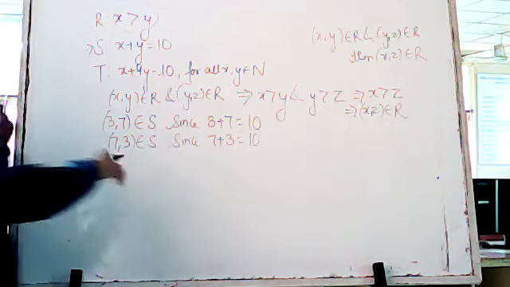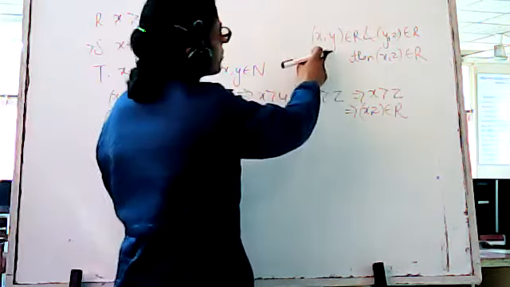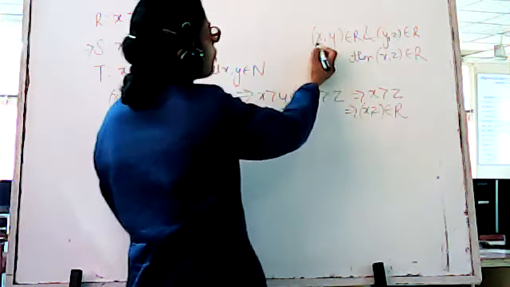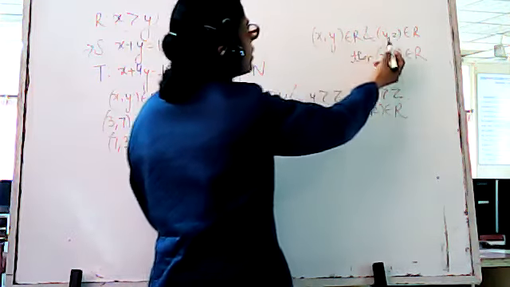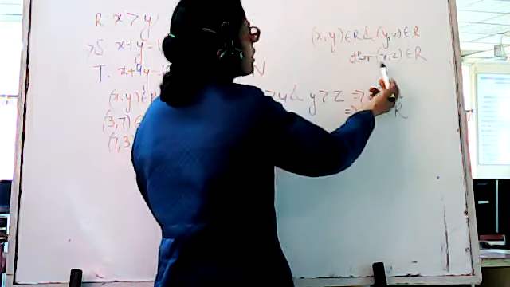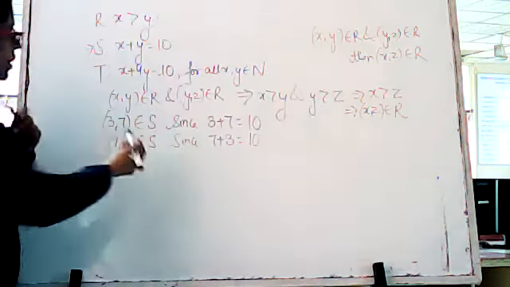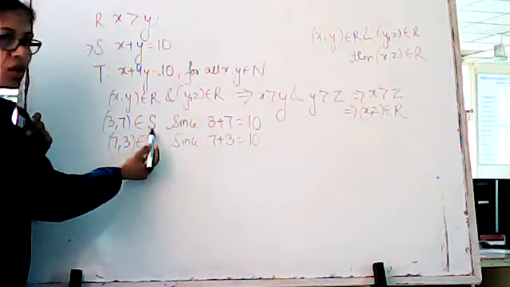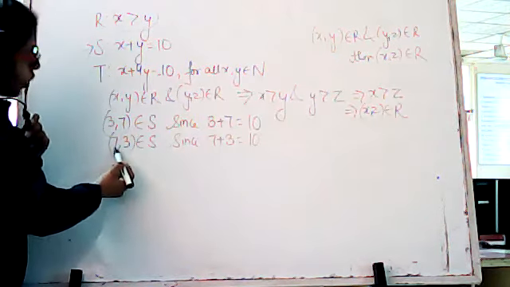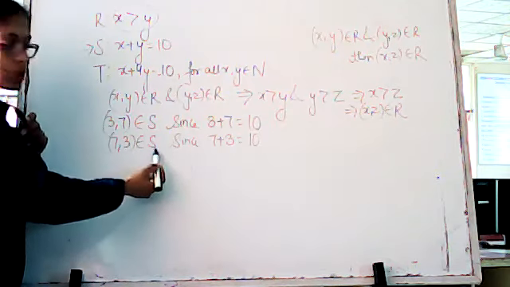Now according to the definition of a transitive relation, if ordered pair XY belongs to relation R and ordered pair YZ belongs to relation R, then ordered pair XZ must belong to relation R. Here, the second position of the first pair and the first position of the second pair are the same. The elements that should remain are X and Z, the first element and the last element. So what remains here is 3 and 3. Does 3 and 3 belong to relation S?